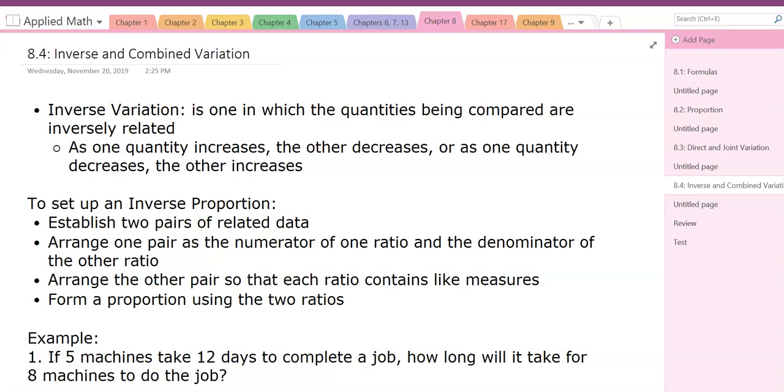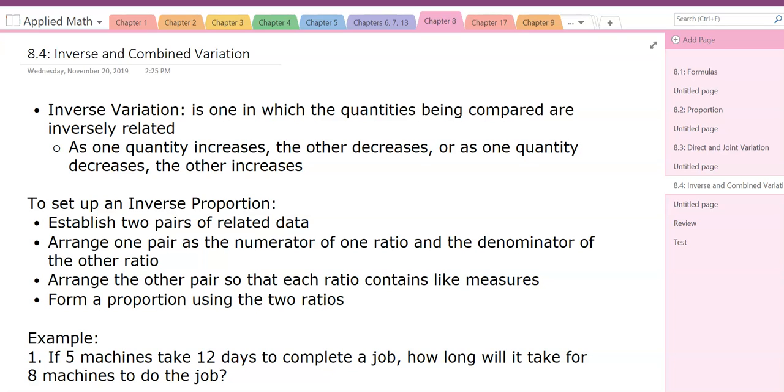Something like that would be an example of an inverse variation. So this could be used in a lot of different ways when you're talking about sales of something or attendance at a sporting event or attendance at a college or something like that. Depending on some of the other factors that are outside of those things will decide if something's increasing or decreasing.